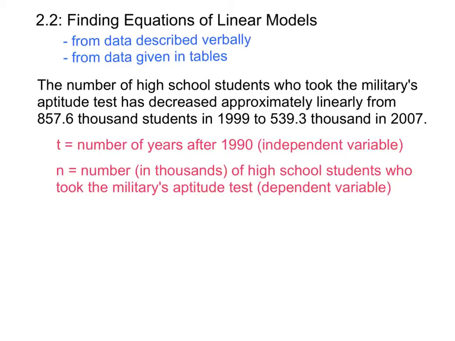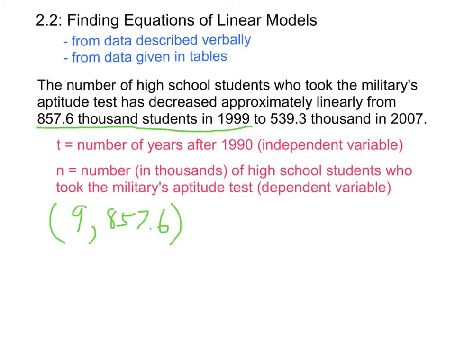The key thing to realize is that the given information actually gives us two ordered pairs. First, we're told that there's 857.6 thousand students in 1999. Now that means in the year 1999, which corresponds to t equals 9, since it's 9 years after 1990, the number that took the test was 857.6 thousand.